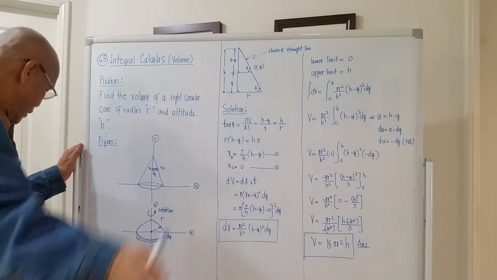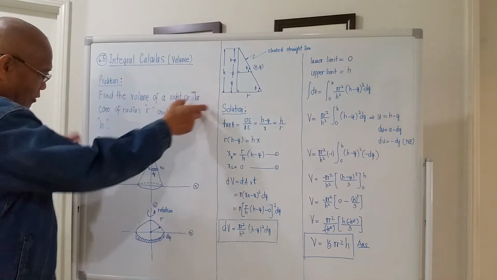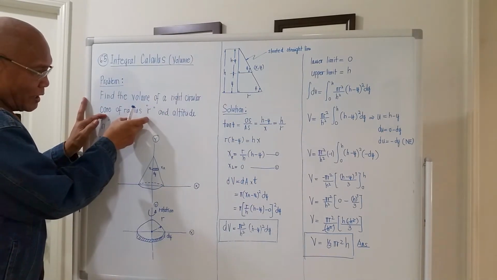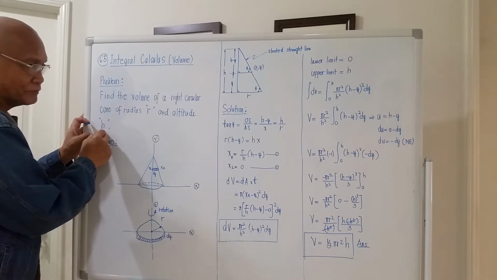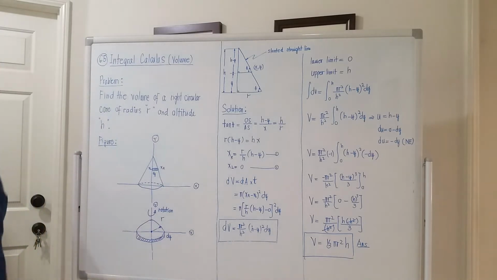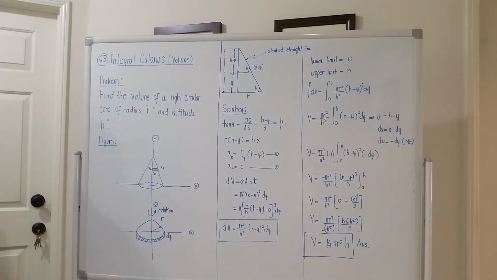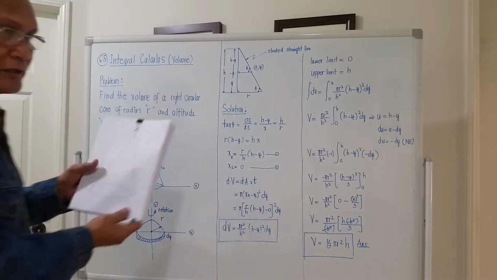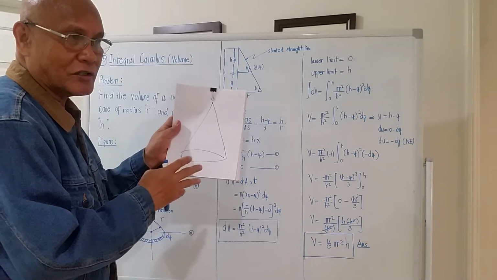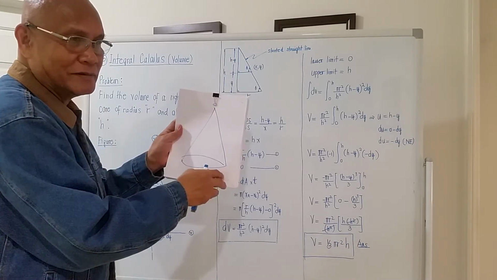I will read the problem. Find the volume of a right circular cone with radius r and altitude h. I draw a right circular cone on this piece of bond paper over here. So this should be the cone.